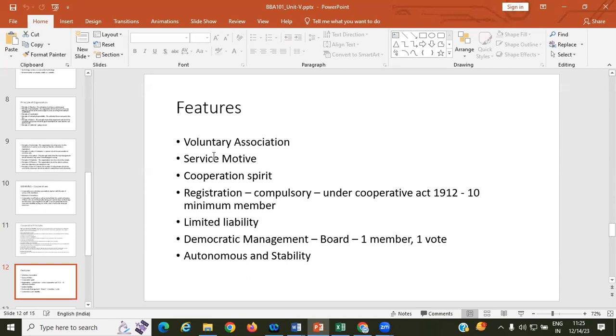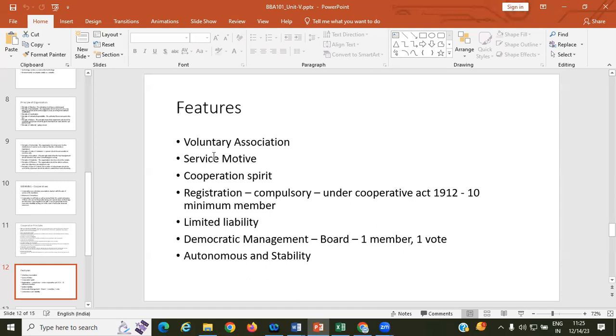You can talk about the Gujarat Cooperative Society, Amul. Amul is another example. So these are different examples where people join hands and help each other and form a society so that they can challenge big parties.